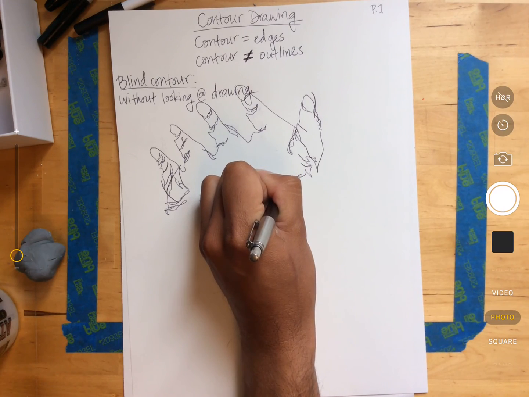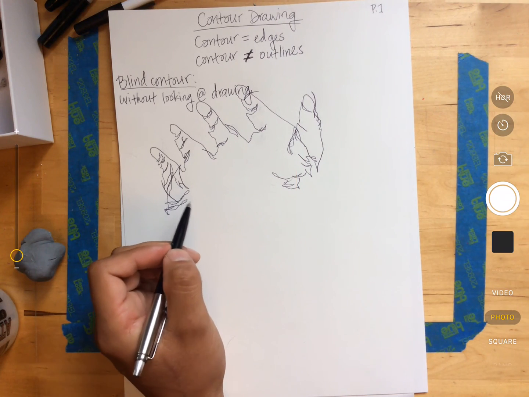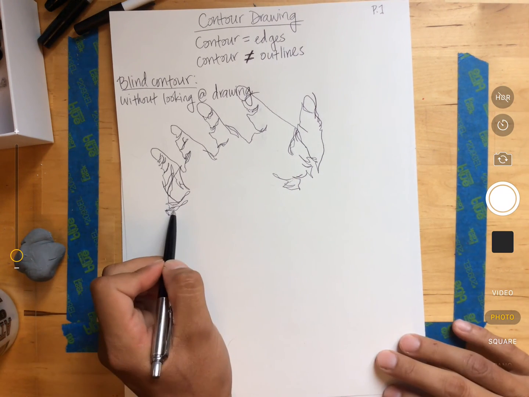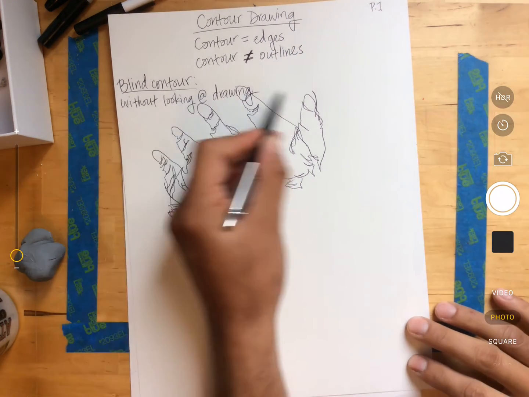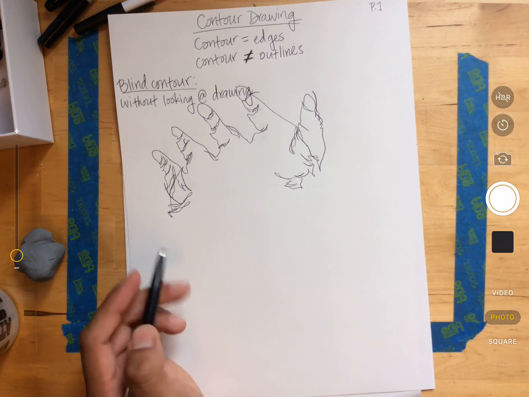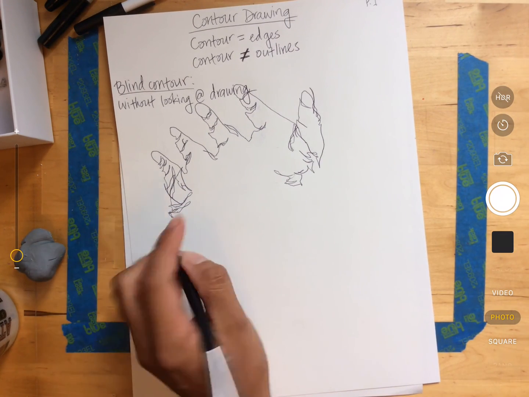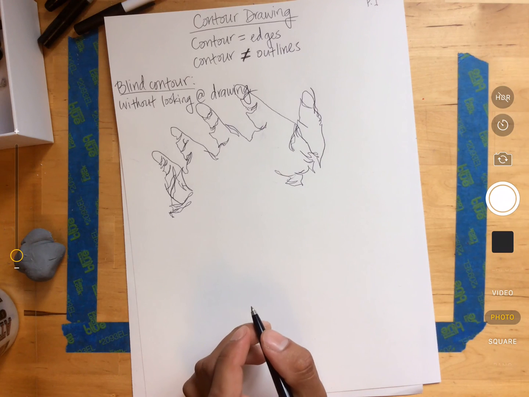All right, now that I'm done, look at my drawing. You can see how I started over here. It's not about the finished product. It's about really focusing on your hand, looking at it while your hand is moving on the paper. All right, so now you guys try that, please.